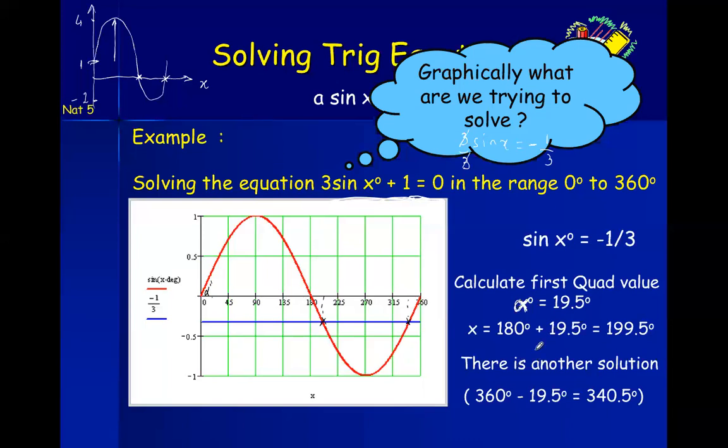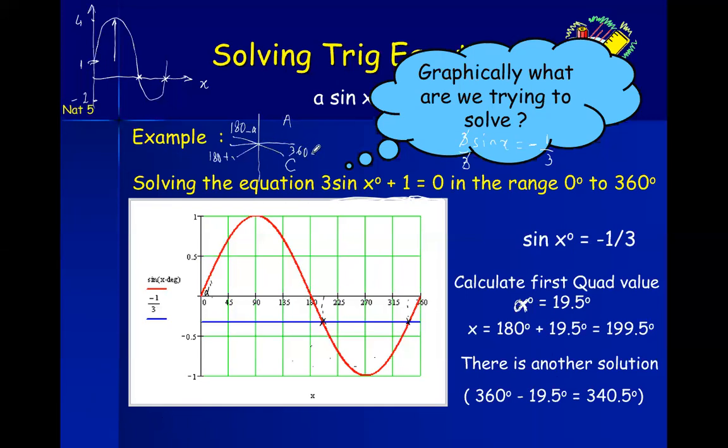And that is given to us by CAST, remember? Where is cos negative? In this quadrant, because they're all positive here. So it's going to be 180 take away alpha. Now, what is sine negative? Sine is negative here, at 180 plus alpha and 360 take away alpha.